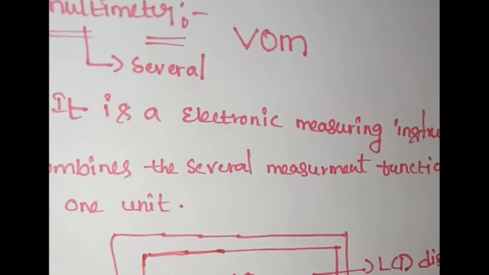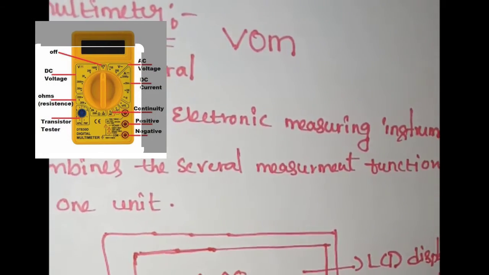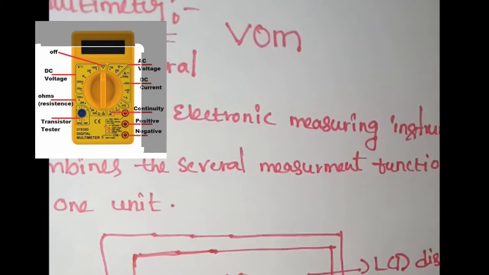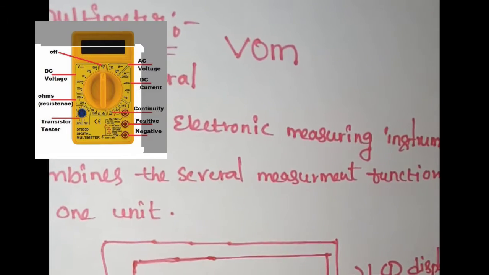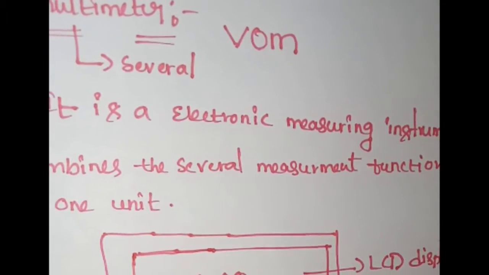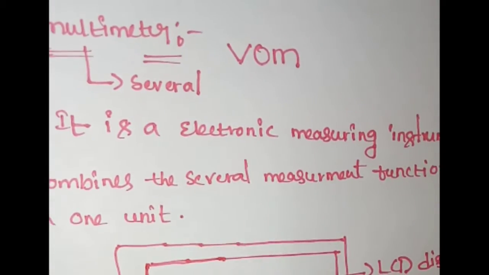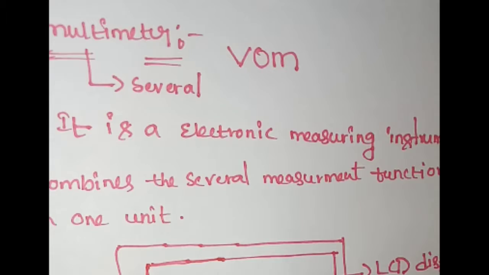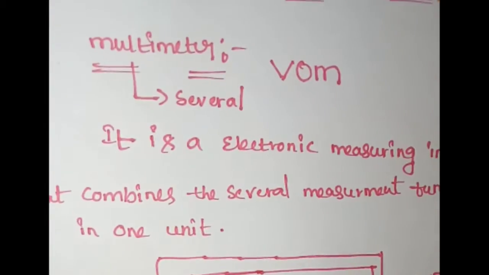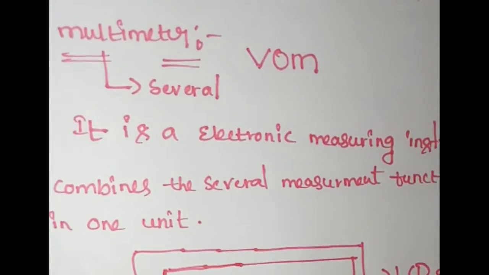We can observe that here this symbol is there. This symbol is nothing but AC voltage, that means alternating current. And on the left side we can see this symbol indicates the DC voltage, that means direct current.